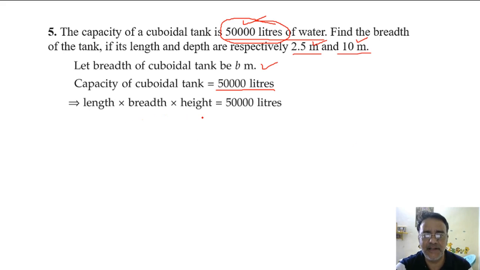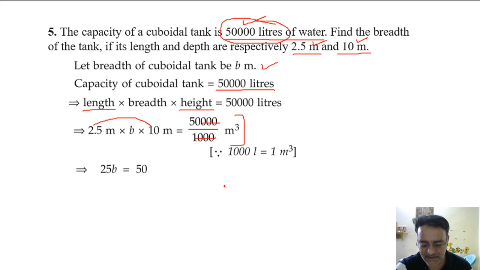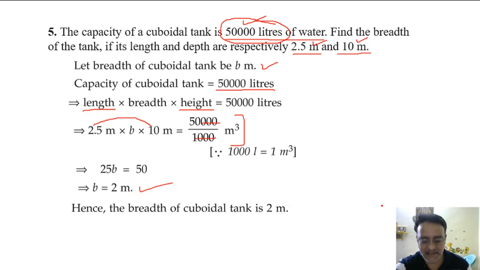So length into breadth into height is equal to 50,000 liters, and length is given 2.5 meter and depth is given 10 meter. Okay, and in the same step we are converting liter to meter cube. So 30 cancel हो गया यहाँ पर. 2.5 into 10 will become 25. So B will be 50 by 25. What is the final answer? 2 meter. Hence, the breadth of the cuboidal tank is 2 meter.